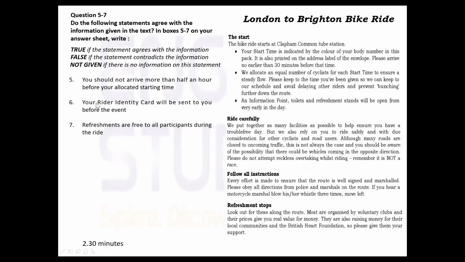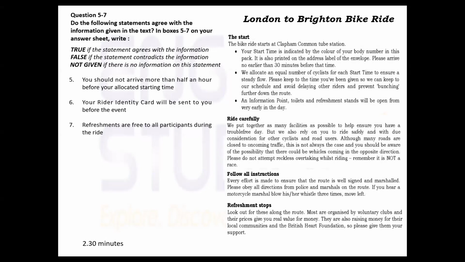Let's see the answer for number 5 to 7. Number 5, may I have the answer from Mr. Noval? Mr. Noval, could you hear me? Do you hear me? Yes, Noval. Could you please explain your answer for number 5? The question is, you should arrive more than half an hour before your allocated starting time.